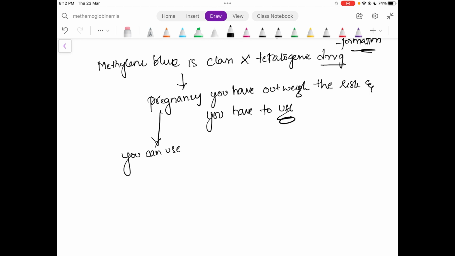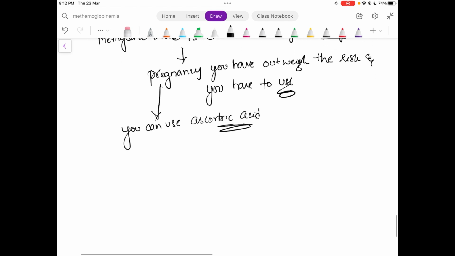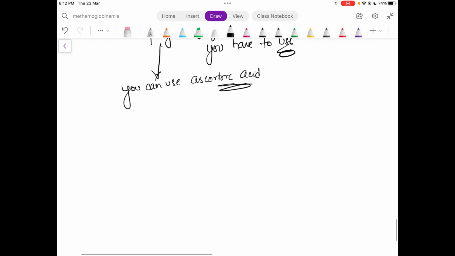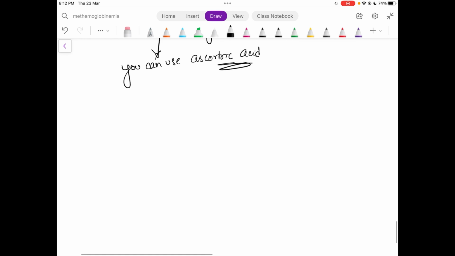In pregnancy, you can use ascorbic acid. And you have to use it cautiously.